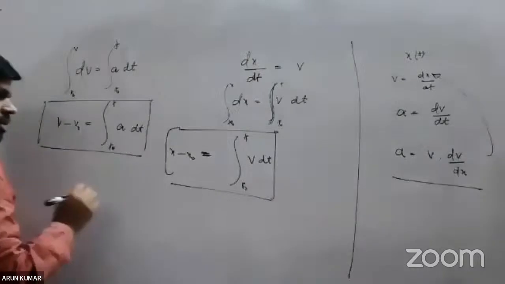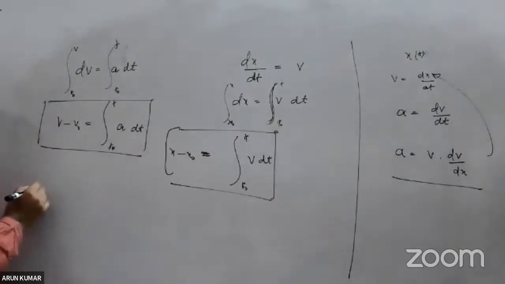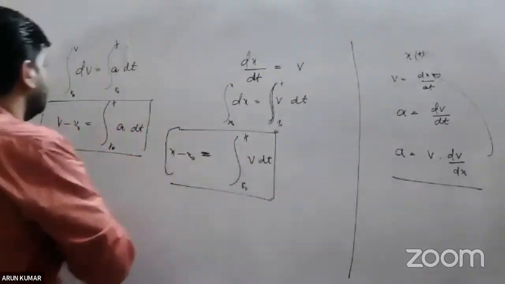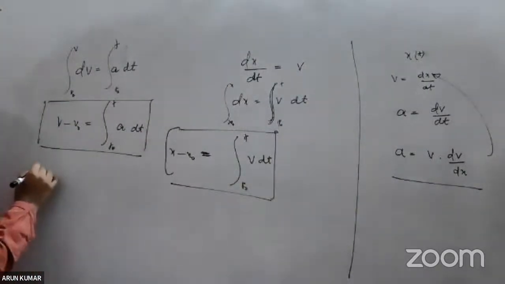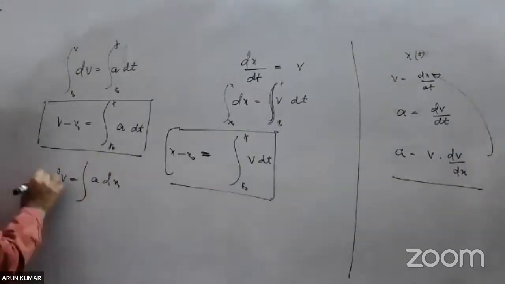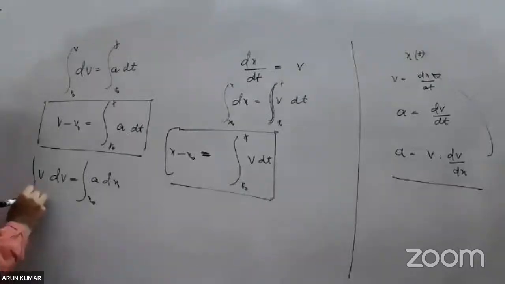Similarly, I'll use the third equation. I'll get v dv is equal to a dx, integrating it from x naught, v naught, to x and v.